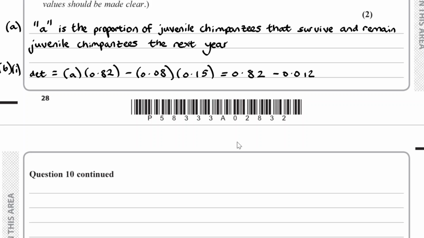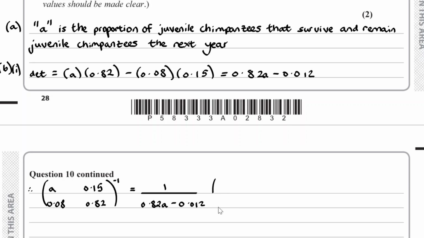So when we talk about the inverse of A, with entries A, 0.15, 0.08 and 0.82, we have 1 over the determinant, so 1 over 0.82A minus 0.012, multiplied by the transpose of this matrix.